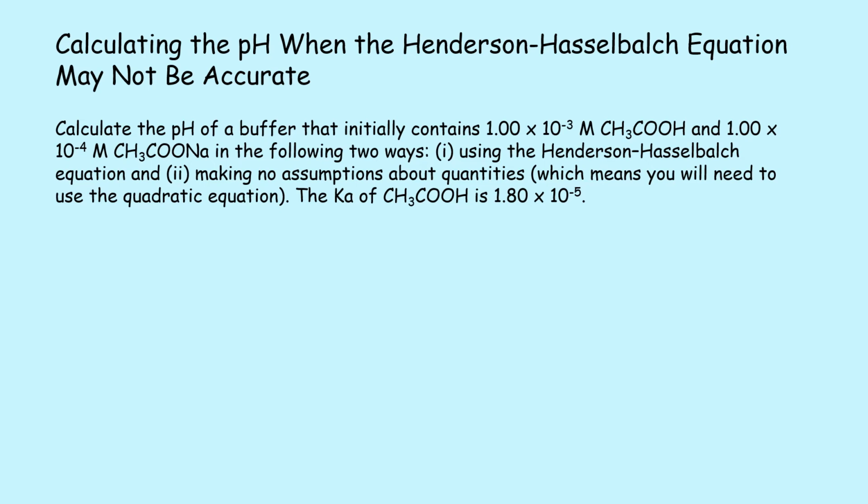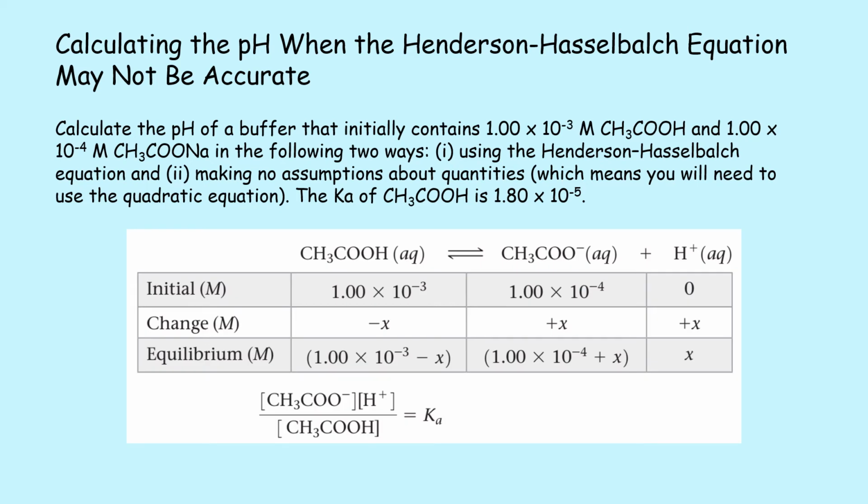Now, for the second task, we will be redoing the calculation without making any assumptions. Just like in the common ion effect, we will first identify the major species and then set up the equilibrium reaction, the ICE table, and then the equilibrium constant expression. This is our equilibrium reaction, this is our ICE table, and this is our equilibrium constant expression.